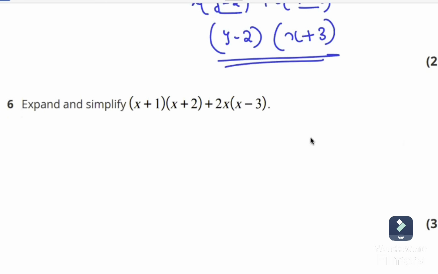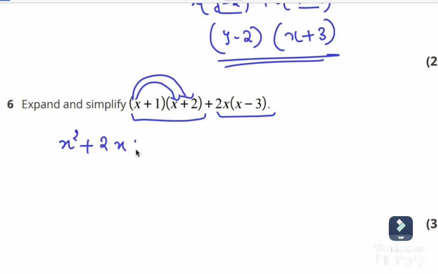Now, this is a very hard problem. We are going to expand the bracket for the first two terms, and we are going to open the bracket for the last two terms, but it looks totally different. Okay, so let's solve them. We will multiply x with x. It will become x squared plus, since all of the signs are positive, it is easy to multiply.